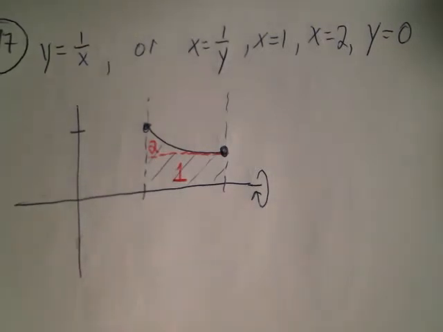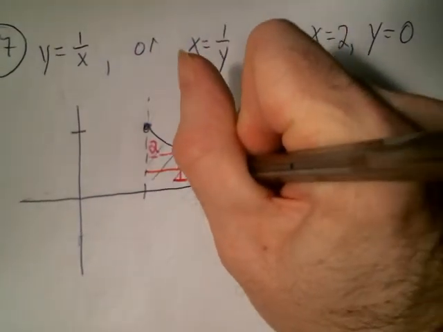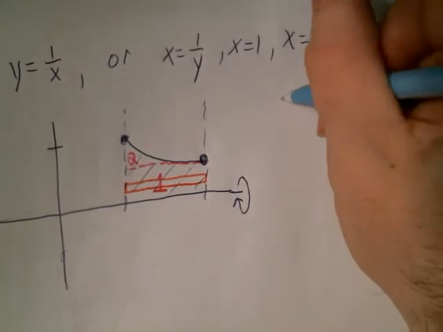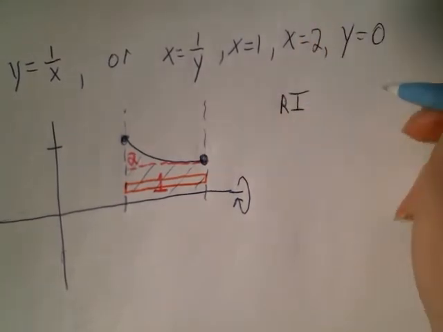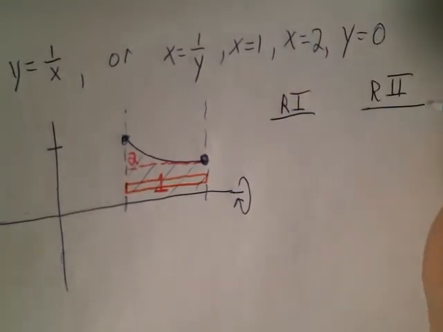So the rectangles in this first region have a constant height. Okay. So this is region 1, and then region 2 over here. I don't know why I use Roman numerals, but there it is.